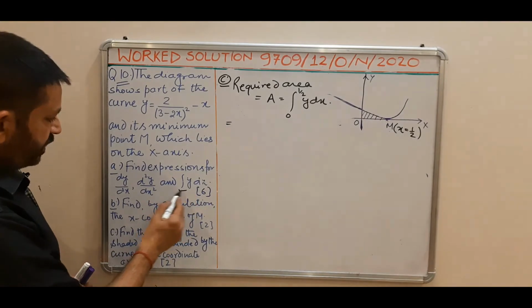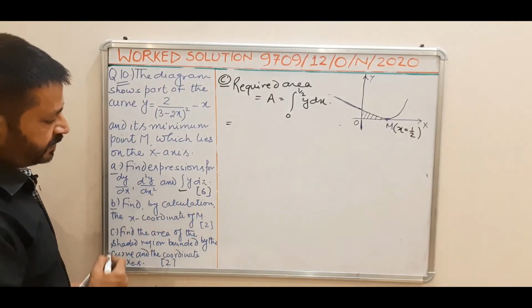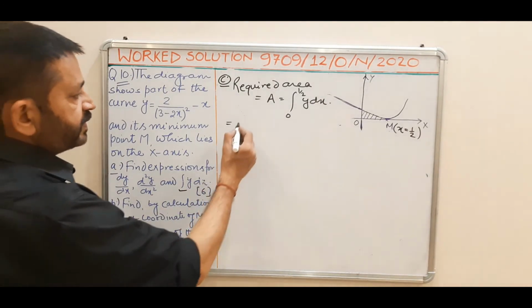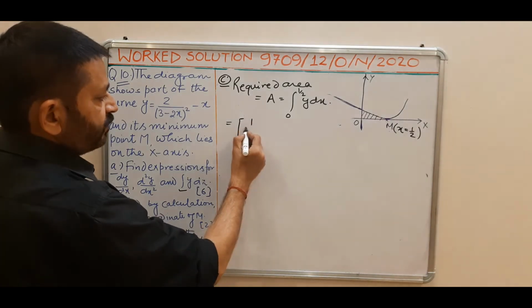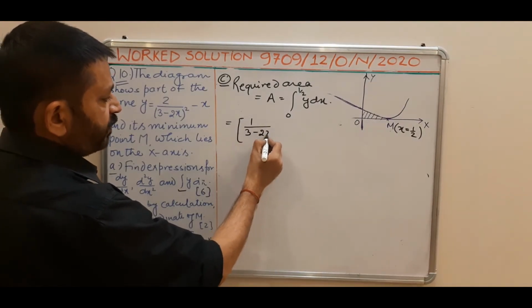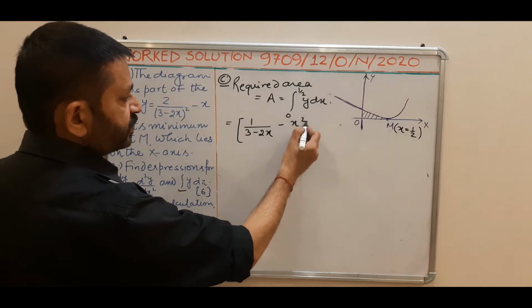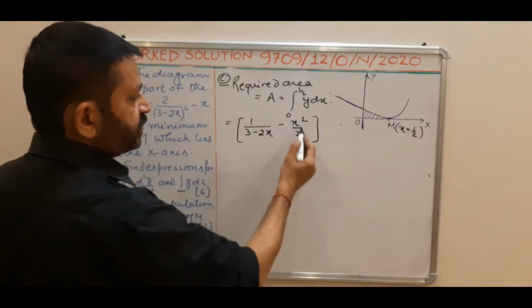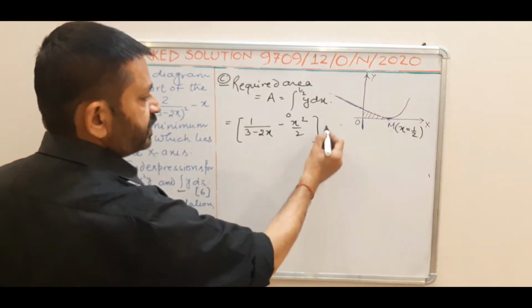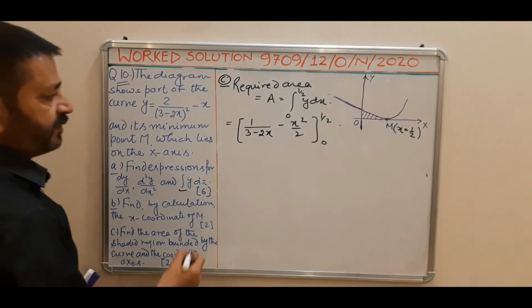From part A, we have already found this integral of y dx. So we'll just use that value, which was 1 upon (3 minus 2x) minus x square upon 2. Now we just need to put in the limits 0 to half.